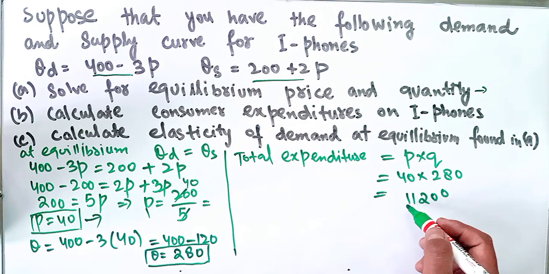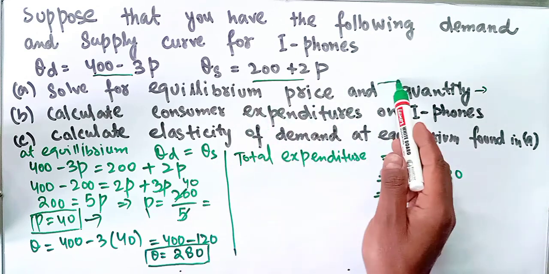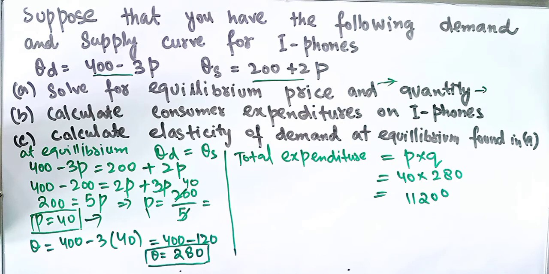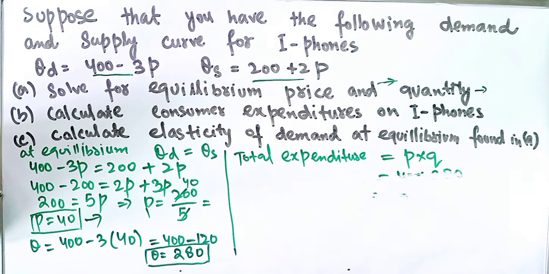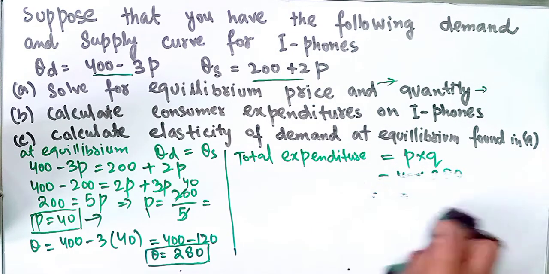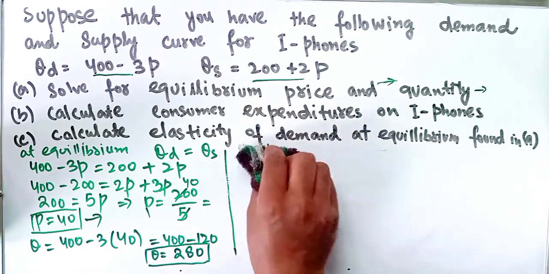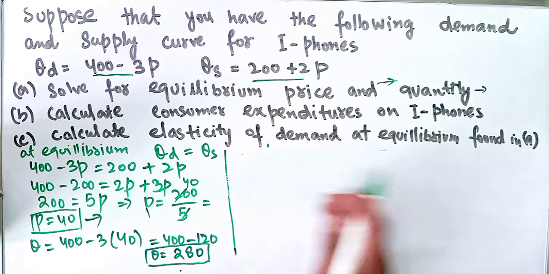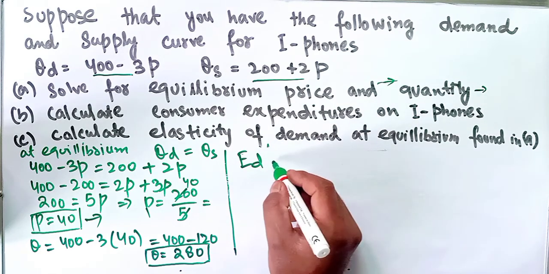Okay, next part is calculate elasticity of demand at equilibrium found in part first. So we have to find the elasticity of demand also. For that, I will rub this out. So elasticity of demand, we will denote it by ed.